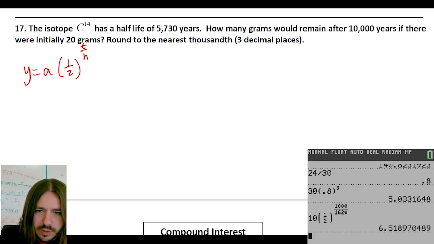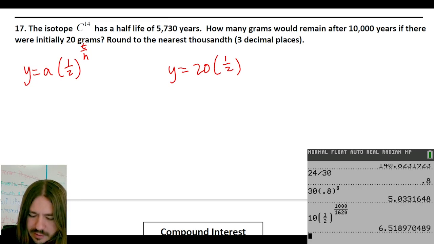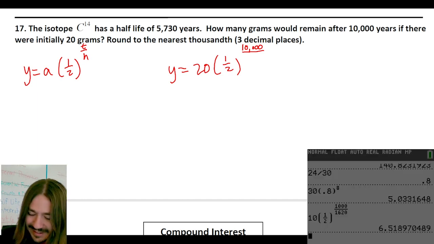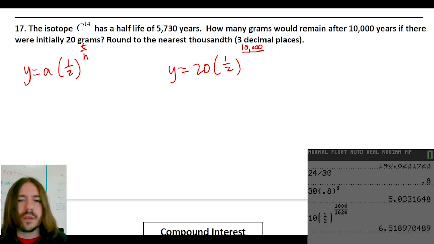So for this one, we have initially 20 grams, so 20 times 1/2 to the power of the length of time, 10,000 years, and the half-life is 5,730 years. Let me clean that up a little bit to make this more legible for y'all.